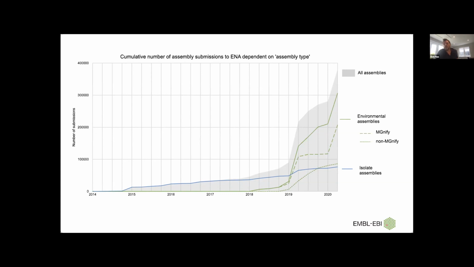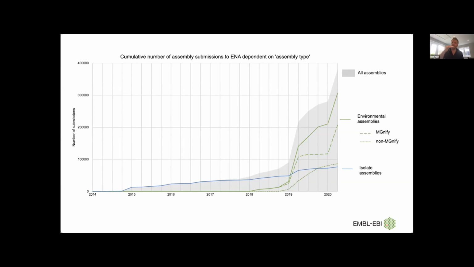But in context of when we start adding in the environmental assemblies, which is shown by the green lines, the totality of all environmental assemblies is shown by the solid line. Then the dashed lines: the longer dashed line indicates those assemblies coming from MGnify, where the smaller dashed is from the community. And what you'll see is actually we had to stop in MGnify.